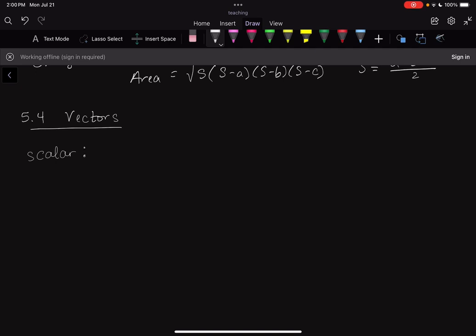The word scalar means a quantity that only involves magnitude, no direction.